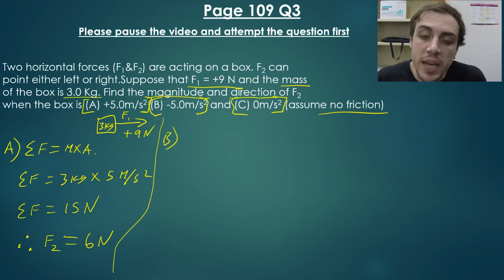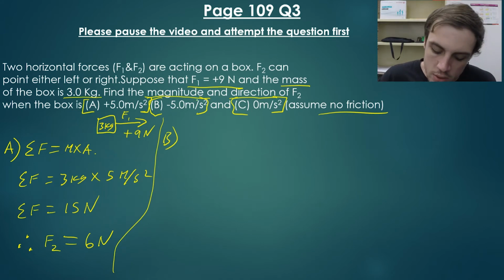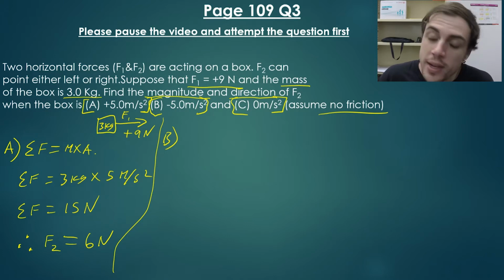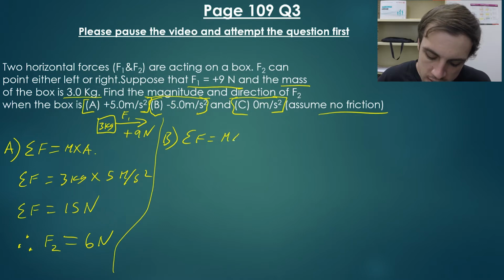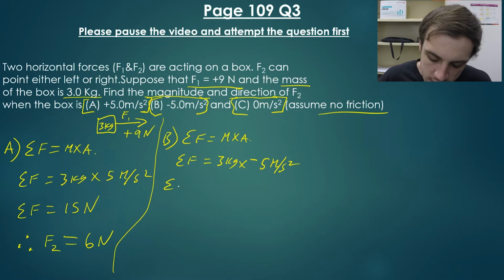Okay, let us look at B. So the acceleration is now negative 5 meters per second squared. So same deal, sum of forces is equal to mass times acceleration. So we know the sum of the forces is equal to the mass, which is 3 kilos, multiplied by the acceleration, which is negative 5 meters per second squared, which means the sum of the forces is going to equal negative 15 newtons.